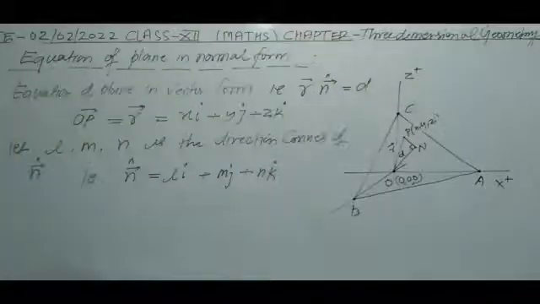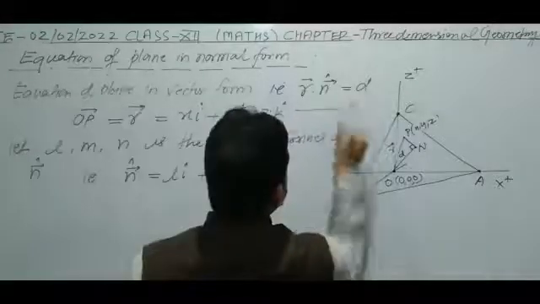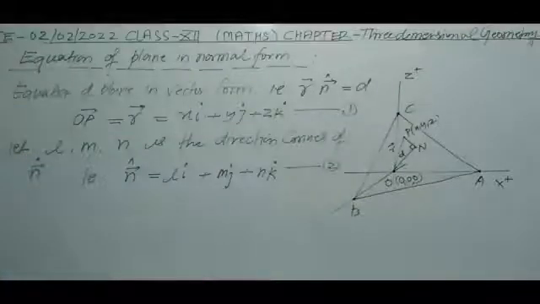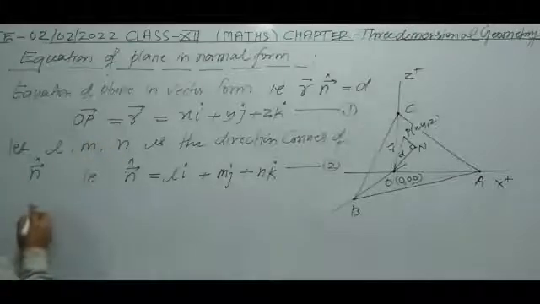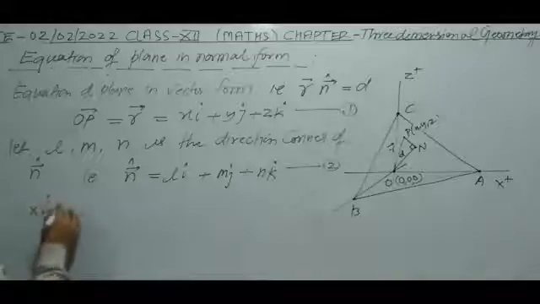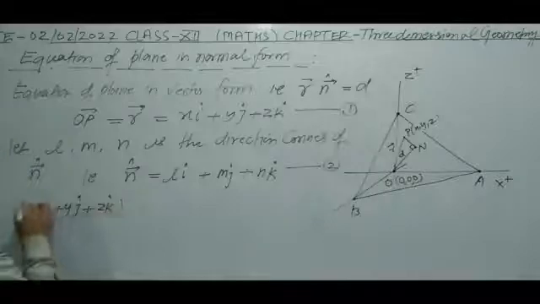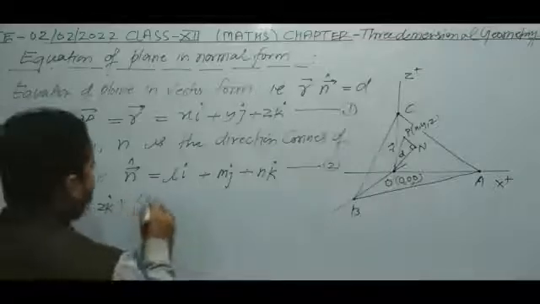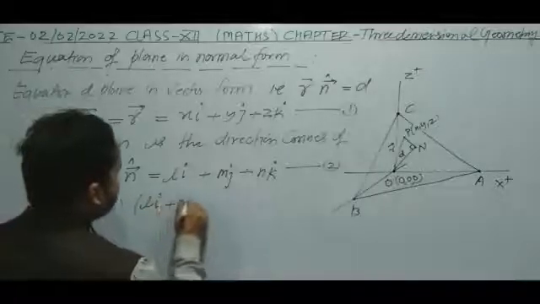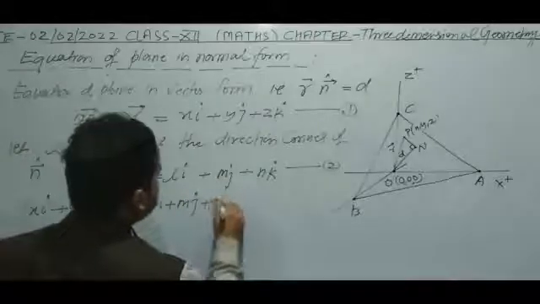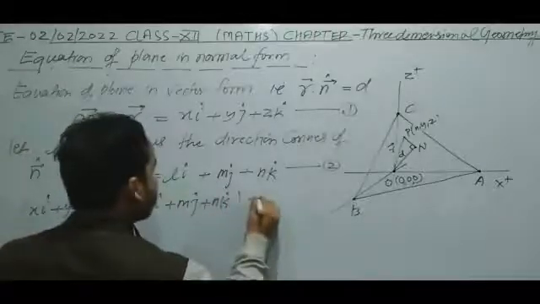Now r dot n is equal to d. Consider this is 1 and this is 2. So r dot n is equal to d. Multiply equation 1 and 2. So xi plus yj plus zk dot li plus mj plus nk is equal to d.